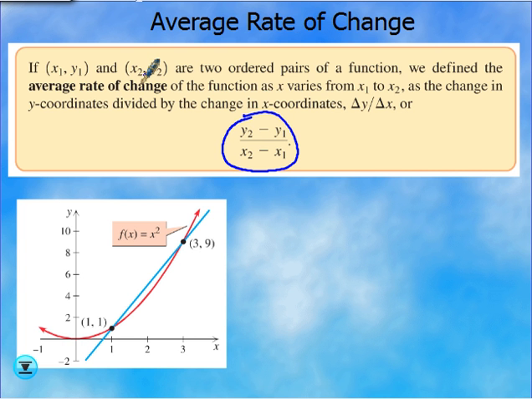If x1, y1 and x2, y2 are 2 ordered pairs of a function, 2 points that are on a graph, we define the average rate of change, and this is very important, of a function as x varies from x1 to x2 as the change in the y-coordinates divided by the change in the x-coordinates, or that's known as delta y over delta x, or y2 minus y1 over x2 minus x1, which is your what formula? That's simply slope.